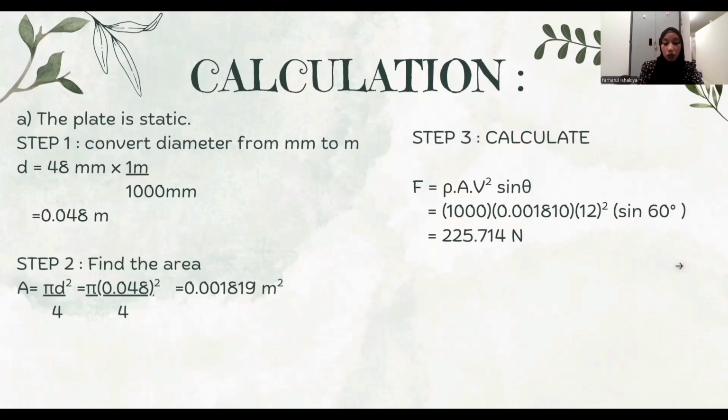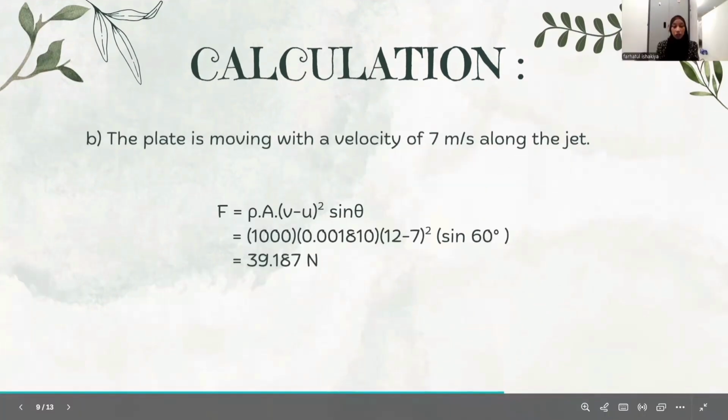To summarize, we convert the diameter to meters, find the area, and then use the fluid force formula to determine the force acting on the static plate, which is about 226 newtons. So next, the plate is moving with a velocity of 7 meters per second along the jet.